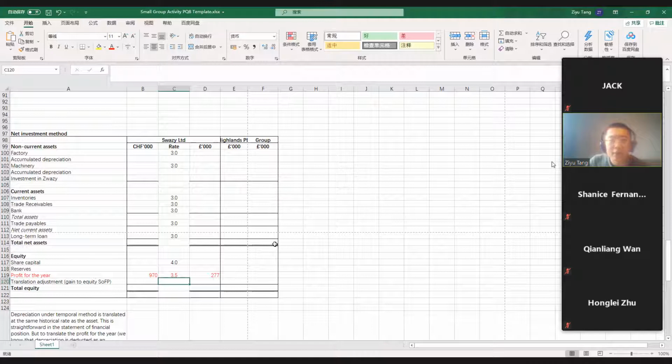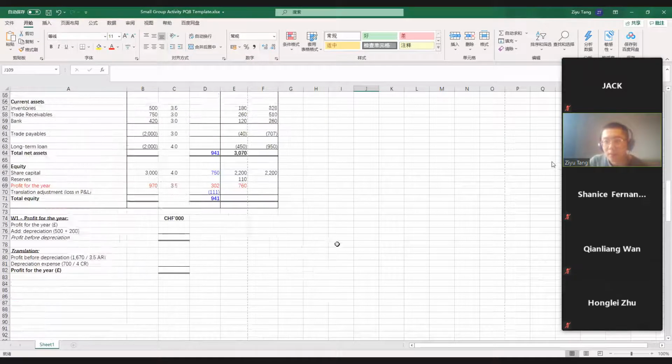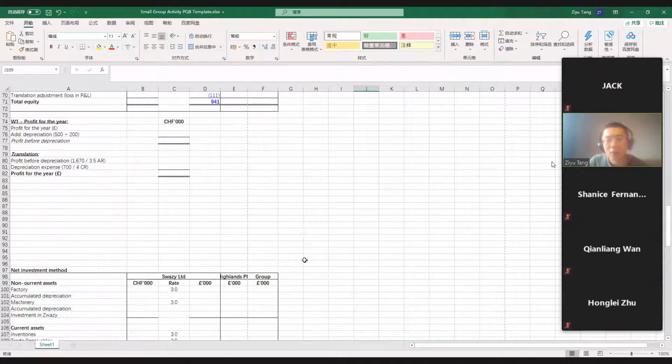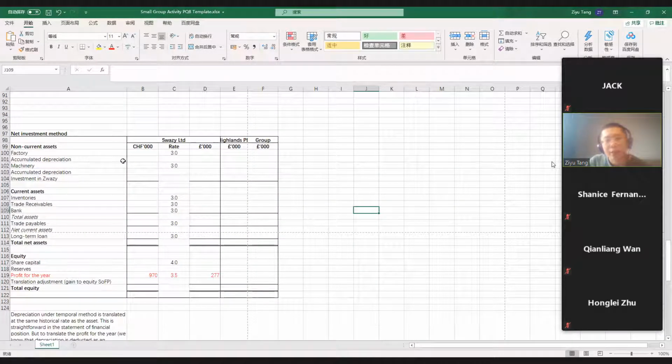It is very simple. I think the only hard point is profit for the year. Honestly, when I calculated the profit for the year, I made the adjustment like what we do in the temporal method, because the depreciation is calculated at closing rate, but profit for the year is calculated by 3.5.